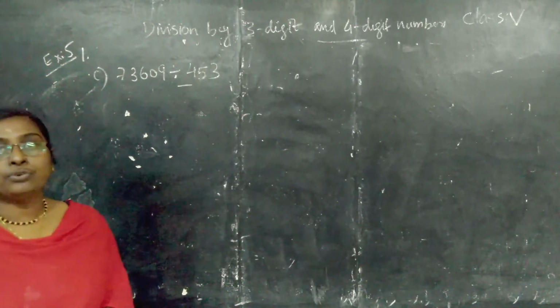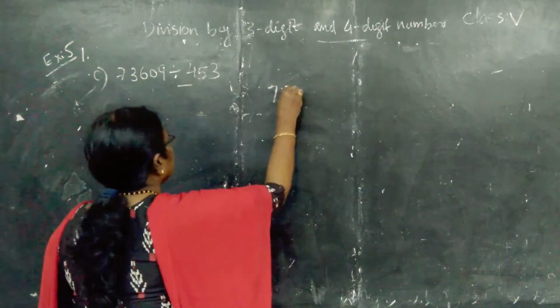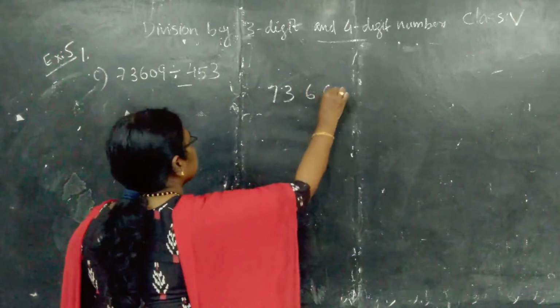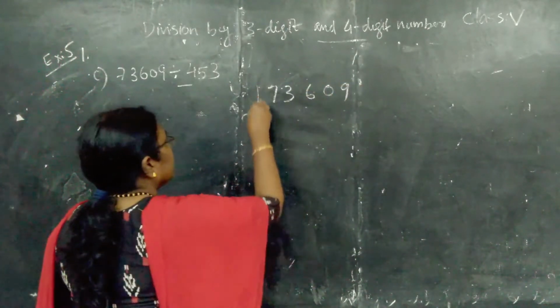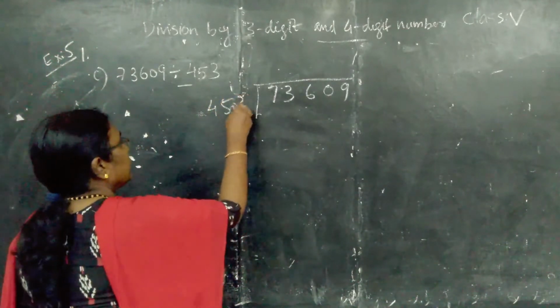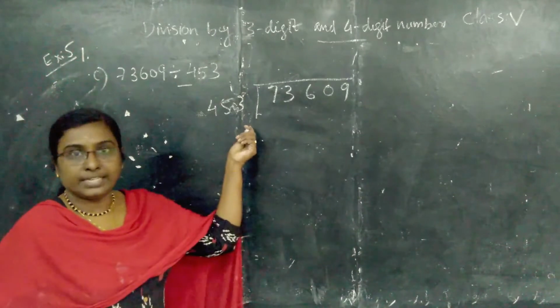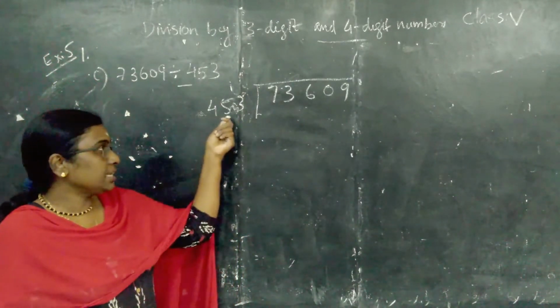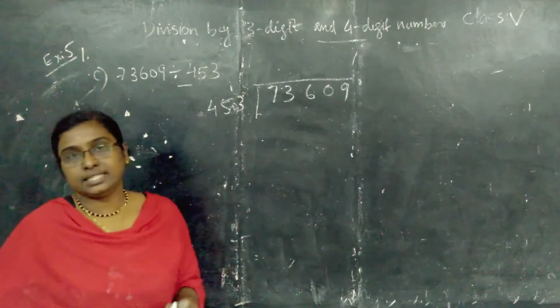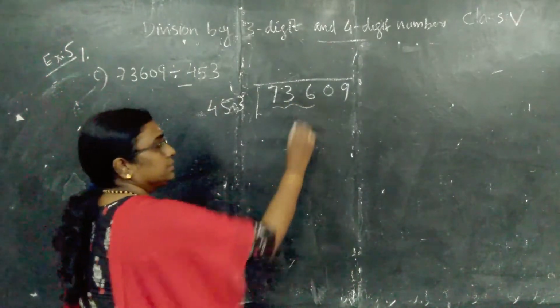In the first question, C part. 73,609 divided by 453. How can we divide? This is the divisor. Since the divisor consists of 3 digits, we take the first 3 digits, isn't it?